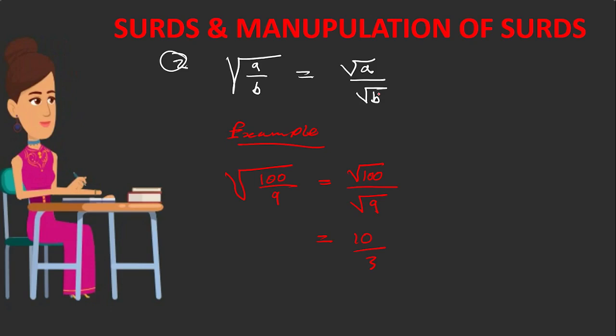The first one is square root 28, and the second one we can simply put is, let's say, 2 square root 7, and then this should be multiplied by, in brackets, 3 square root 7.